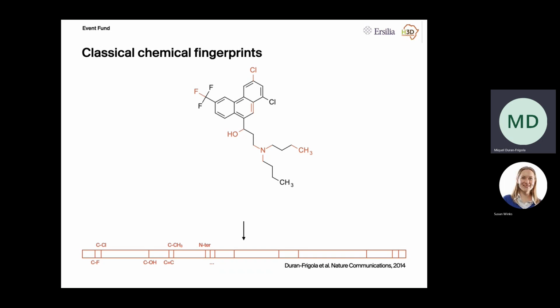As I said, there are dozens of different types of fingerprints, and some of them are more pharmacophore-based, some of them are more topology-based, as the one that I was describing. Some of them are more 3D shape-based. You can also break them out.